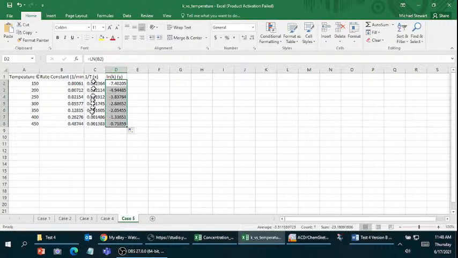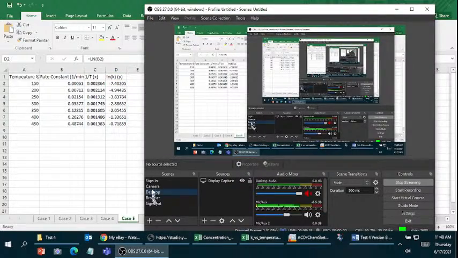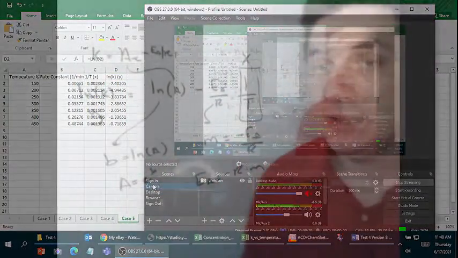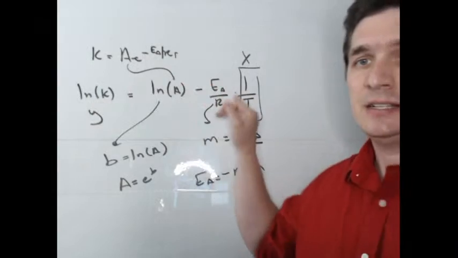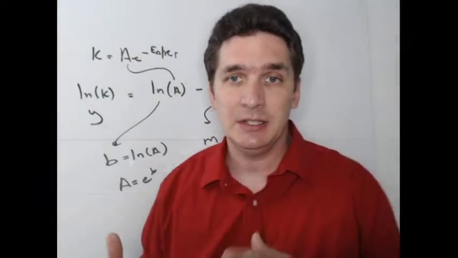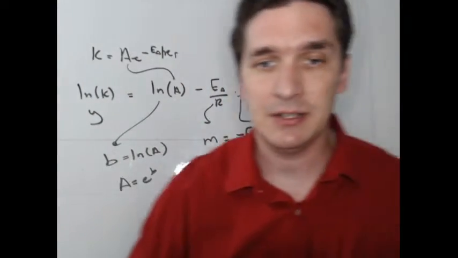So here we've got our tables of x's and we've got our tables of y. And again, the reason we're doing this is we're going to create a plot where we've got y and x values, and we're going to stick a linear regression in it to extract out a slope and a y-intercept.